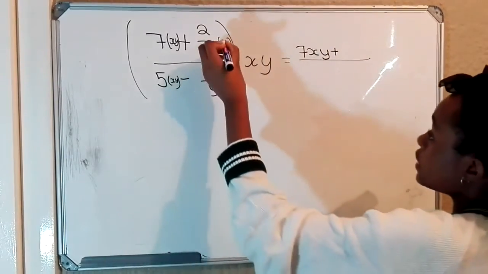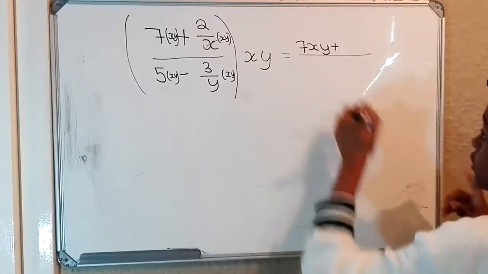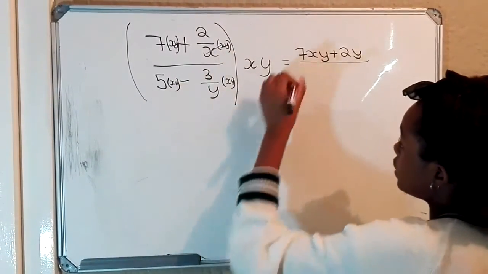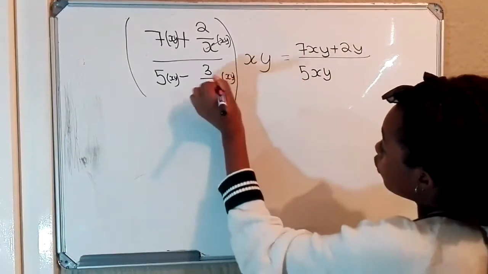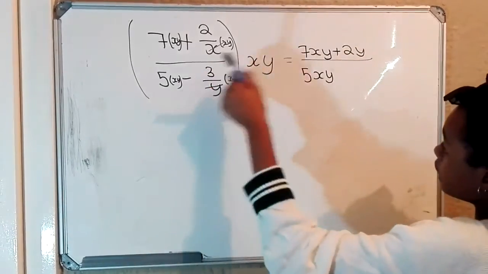Plus, x and x will cancel, so 2 times y gives you 2y. We have 5 times xy, which gives you 5xy. Over here the y and the y cancel, so you're left with minus 3x.